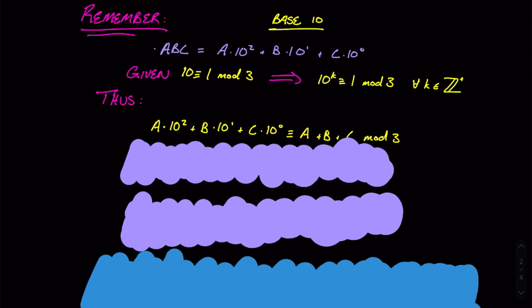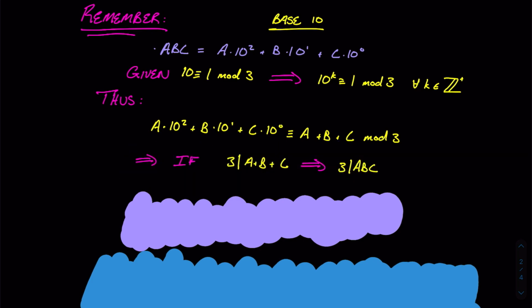Thus, when we write out our expanded form of abc, and we are doing modular arithmetic mod 3, then these 10s and their powers turn to 1s, and the sum of the coefficients of the powers of 10 becomes congruent to the abc number we originally had. Thus, if 3 divides the sum a plus b plus c, then 3 divides abc.